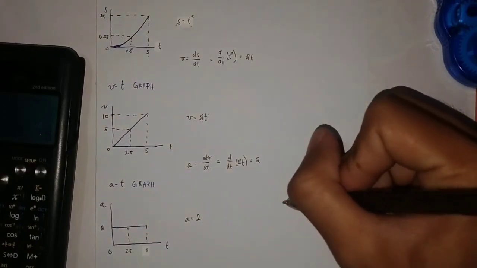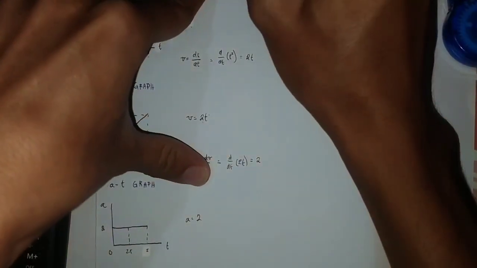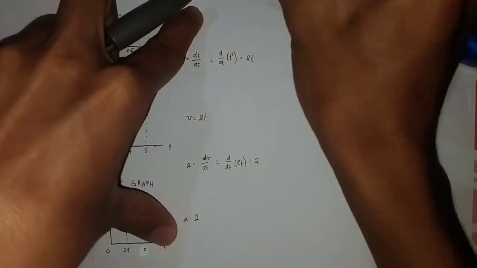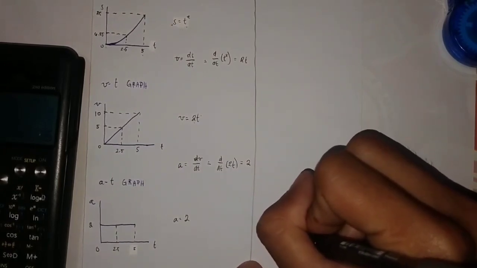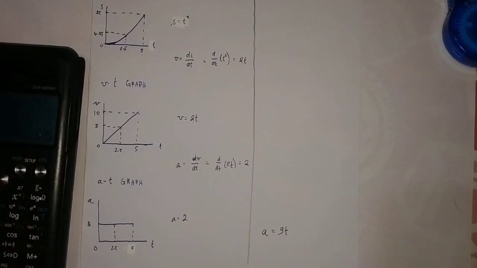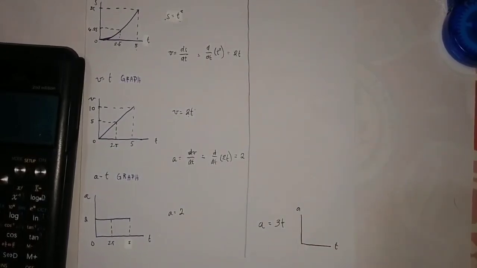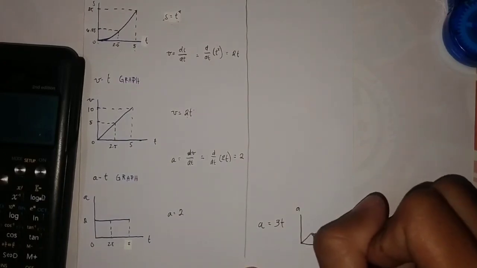Let's say A equals 3t. So graphing this, we have A here, T. Since its highest degree is just 1, we can say that this is just a diagonal line, just like our VT graph here.